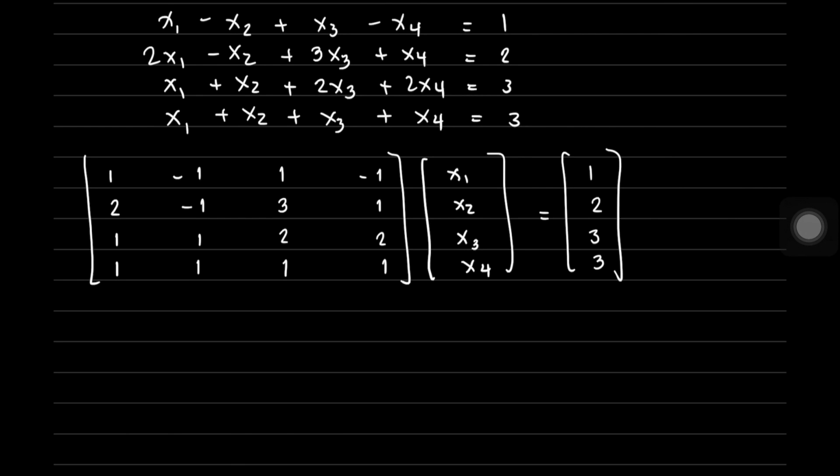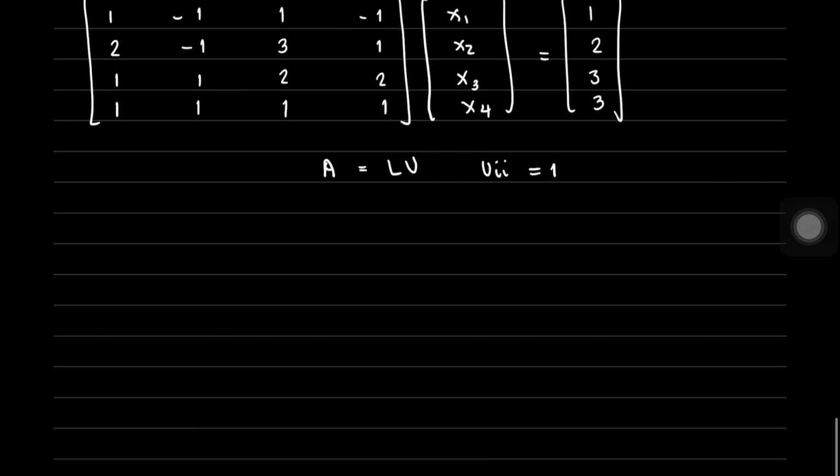Using Crout's method, we are going to decompose the coefficient matrix into its lower and upper triangular matrix, wherein the diagonal elements of the upper triangular matrix are equal to 1. So if we rewrite our coefficient matrix, we have 1, 2, 1, 1, negative 1, negative 1, 1, 1, 1, 3, 2, 1, and then negative 1, 1, 2, 1.